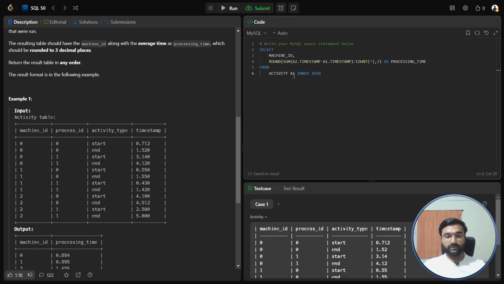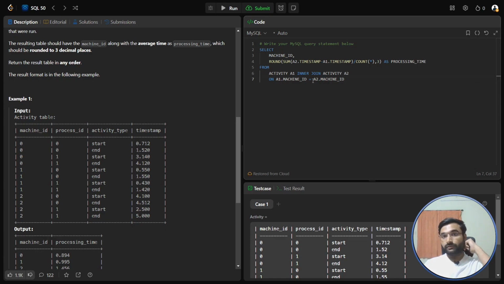We will do an inner join, because we just want the common rows. Inner join activity A2 on. Now we have to find a common column, which is very easy for this one. So on A1.machine_id equals A2.machine_id.